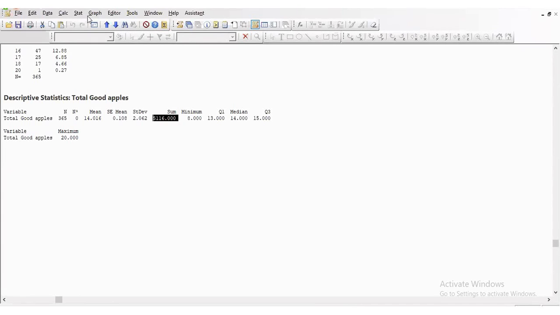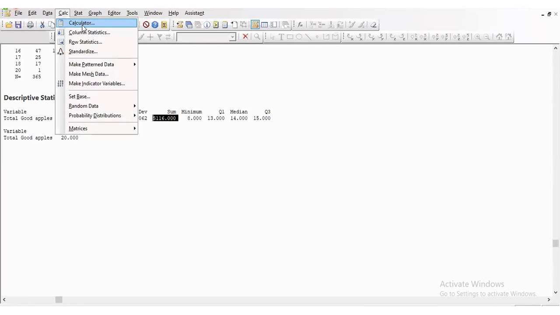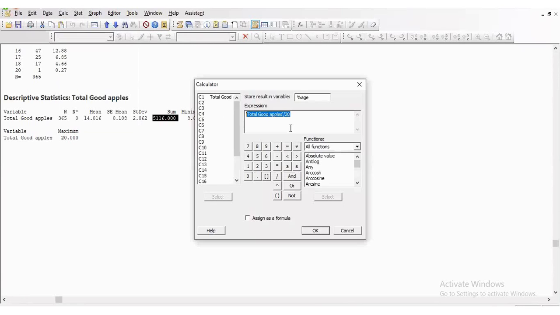So let us calculate now. This divided by 20 into 365. Let's say I'm asking to store in some cell C25, result.